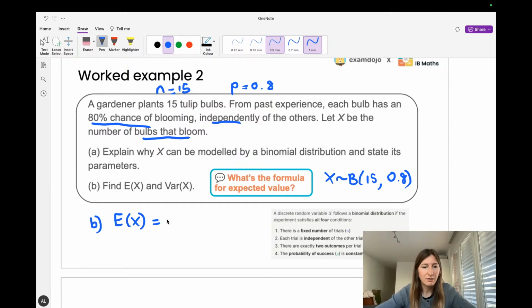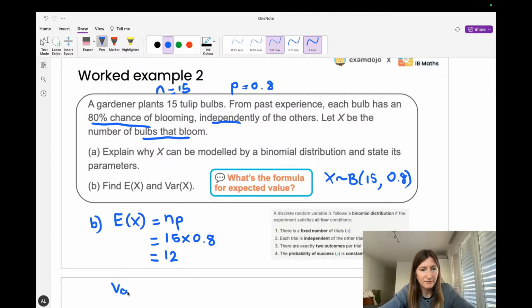All right, so expected value was just number of trials times probability. So 15 times 0.8. Anyone with some quick maths there? All right, the answer is 12. So we can say that out of 15 tulip bulbs, we can expect that 12 are going to bloom.